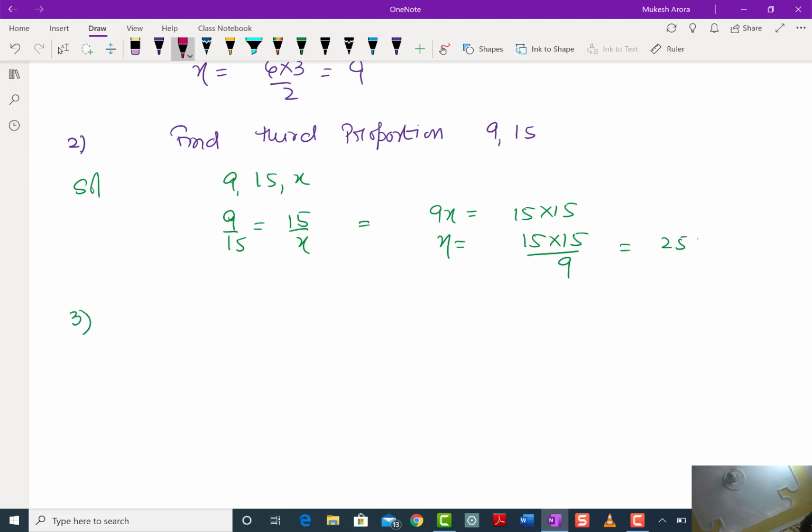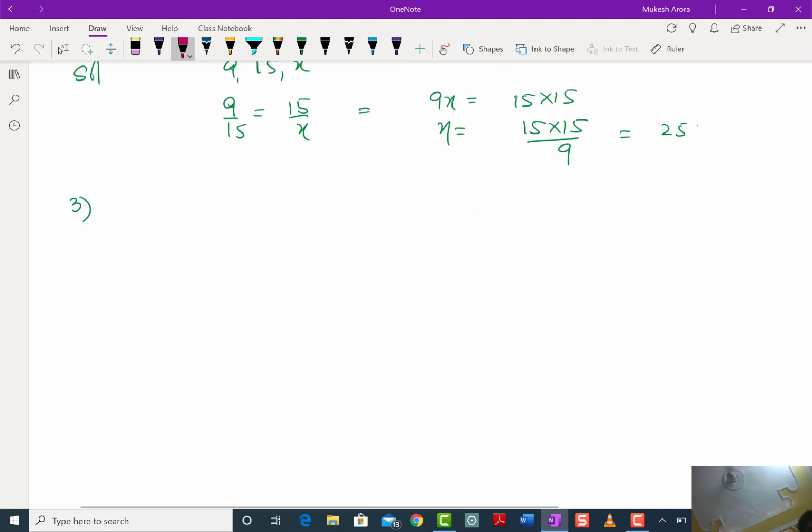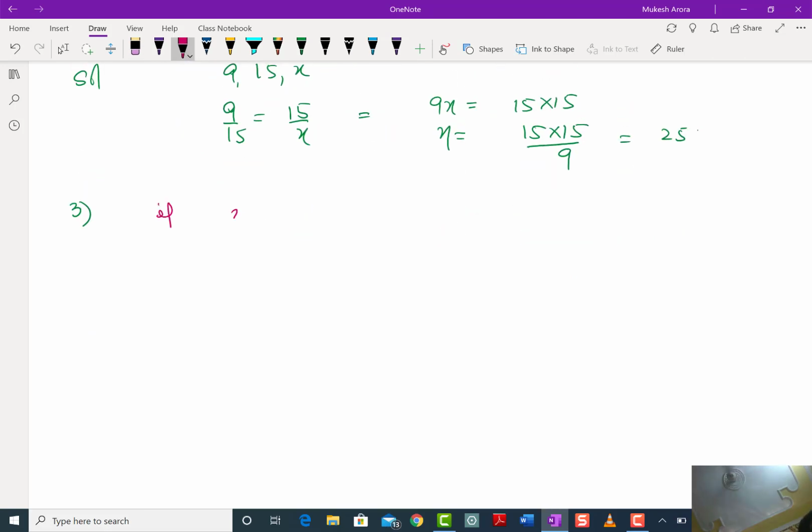Third sum: if x, 3, 12, y are in continued proportion, how do we find the x value?